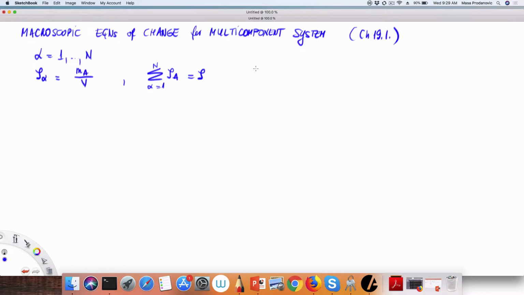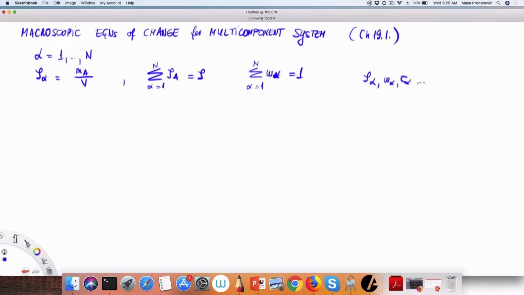And by the same token, the sum of all of the omegas has to be 1. So I have my rho alpha, omega alpha, c alpha defined just as I did before.